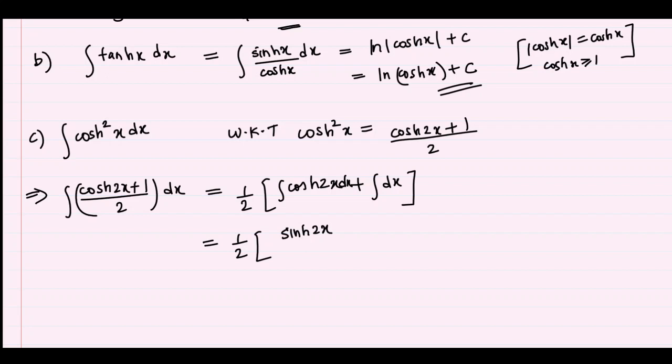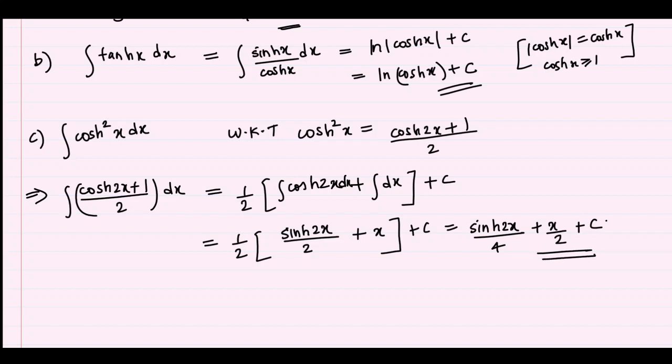Then we have to divide by the derivative of 2x, which is 2. So sinh 2x by 2 is the integration of cosh 2x, plus integral dx, which gives x, plus c. So the answer is sinh 2x by 4 plus x by 2 plus c.